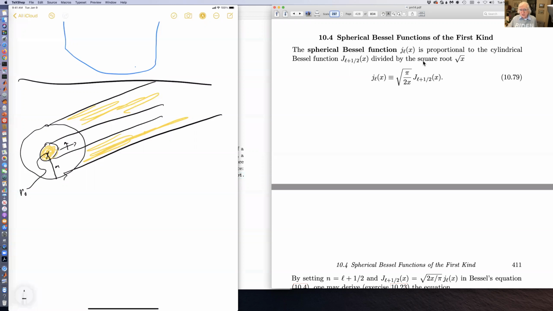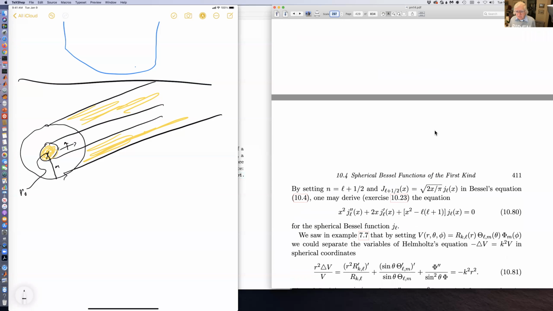They look as though they're more complicated because J sub L of x is the square root of pi over 2x times J of L plus a half of x. Let me just write that as L. And you might say, oh, this is even more complicated, but in fact, it's much simpler.